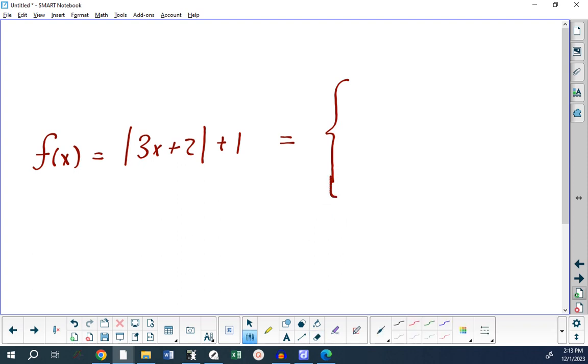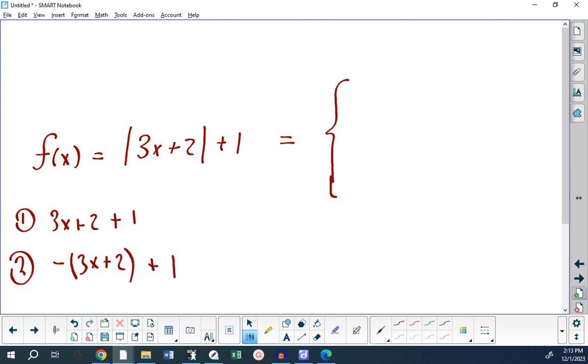Well, one of the functions will be 3x plus 2 plus 1. The other function will be negative of 3x plus 2 plus 1.